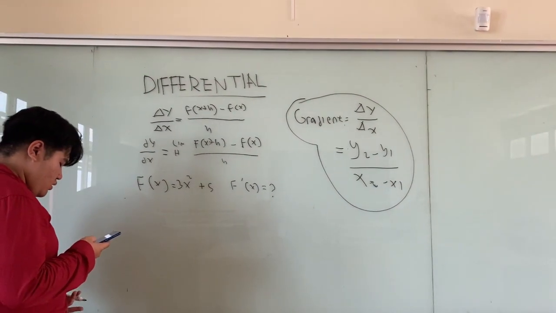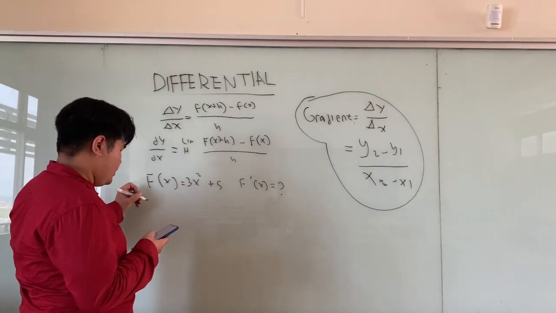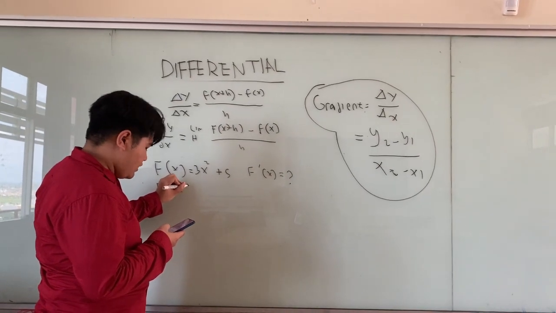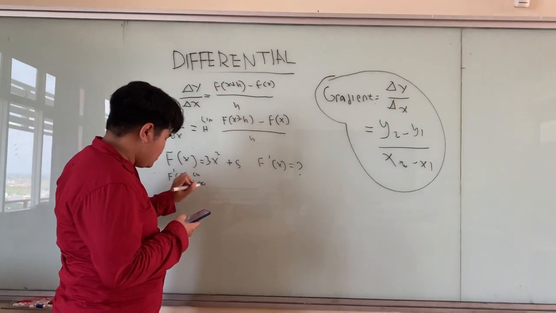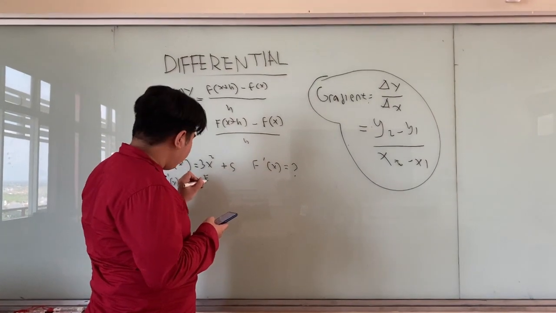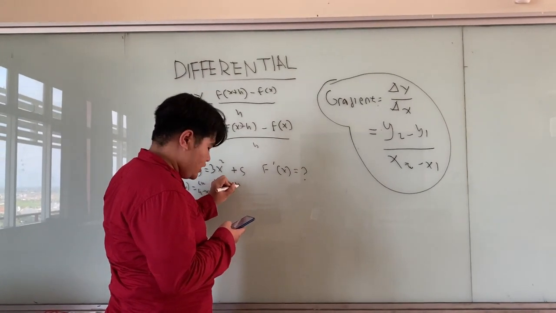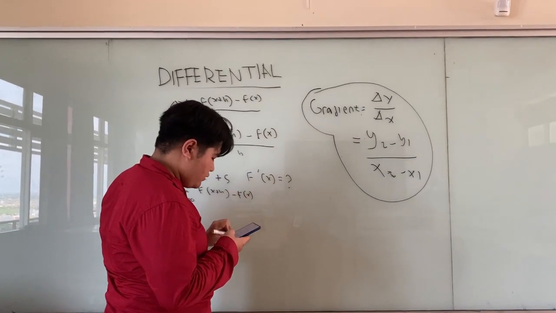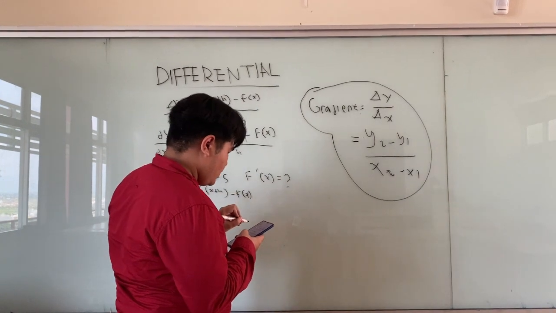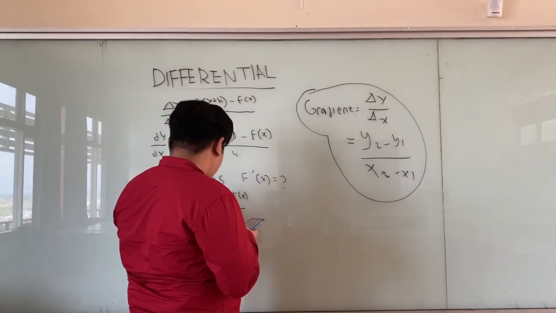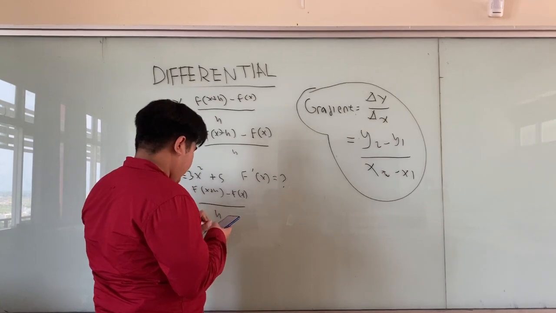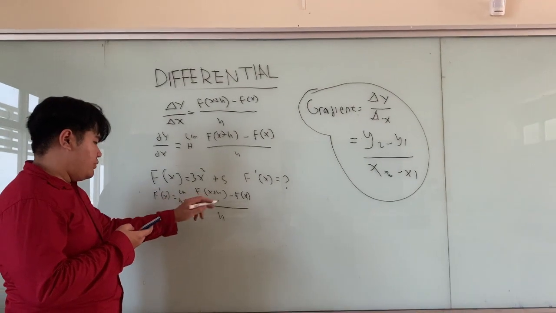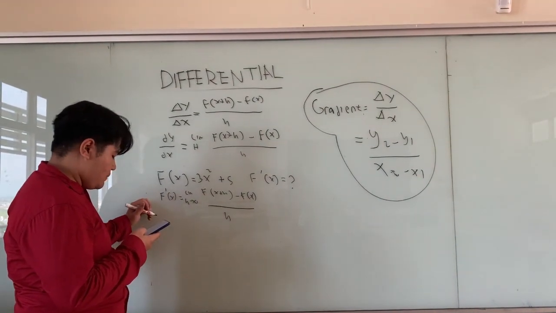We can derive it into f'(x) equal to limit h to 0 of f(x plus h) minus f(x) per h, and then we have to get it out from the column like this.